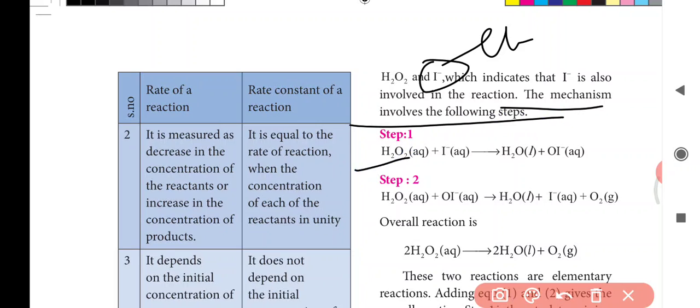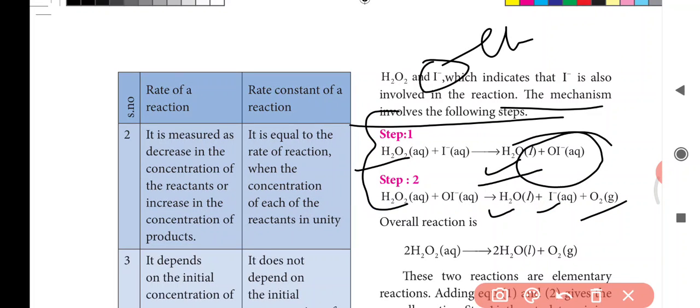In step 1, H2O2 reacts with the catalyst I minus to give H2O and OI minus. In step 2, another H2O2 reacts with this OI minus to give H2O, I minus and O2.